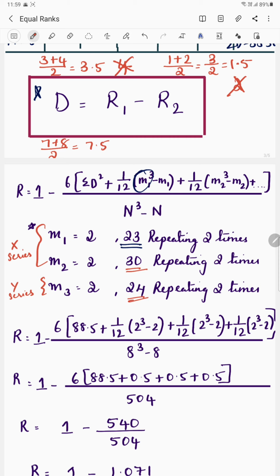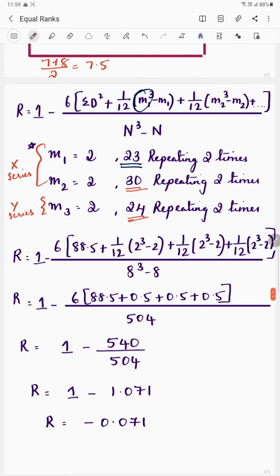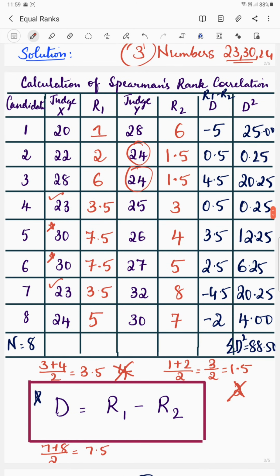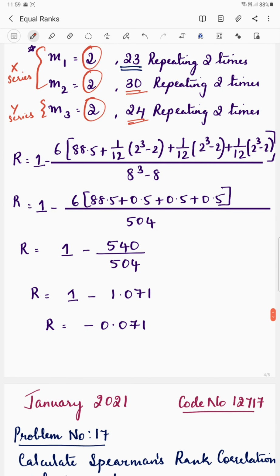So m3 will be 2. So what we will do now, what all values we have got, we will substitute. Remember m1, m2, m3 will be taken like how many times the value is repeating. I took m1 because 23 is repeating 2 times, 30 is repeating 2 times, 24 is repeating 2 times. So now we are going to substitute that in the formula.